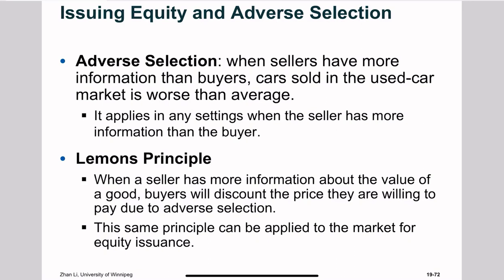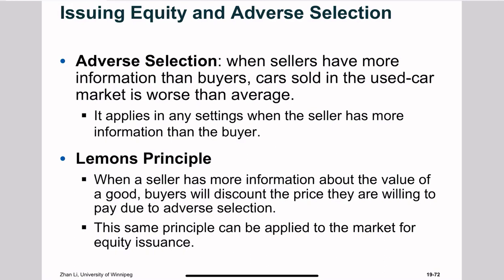Because it basically means bad cars will be selected in the market. So you can see that in this used car market, cars sold in the market will be worse than average, right? Only $2,000 cars will be sold, and the average is actually $3,000.